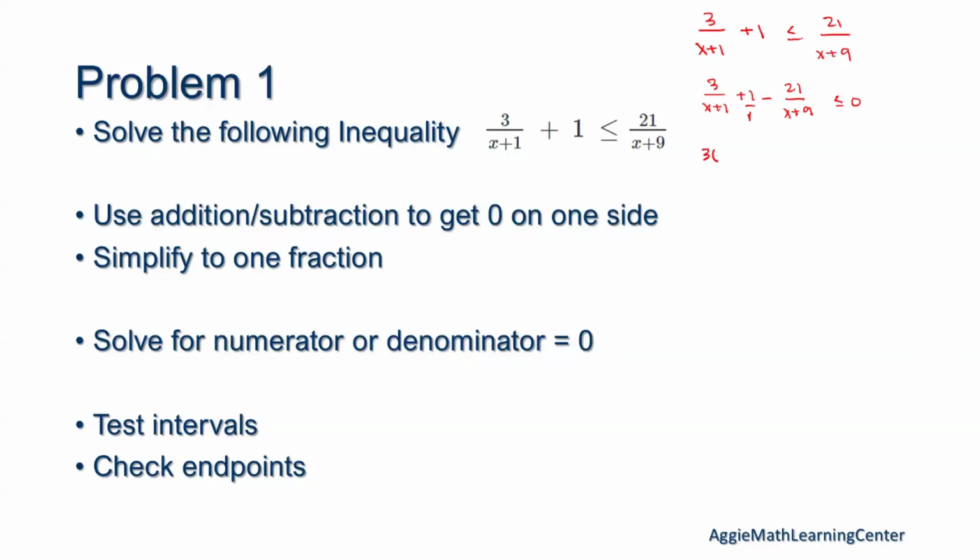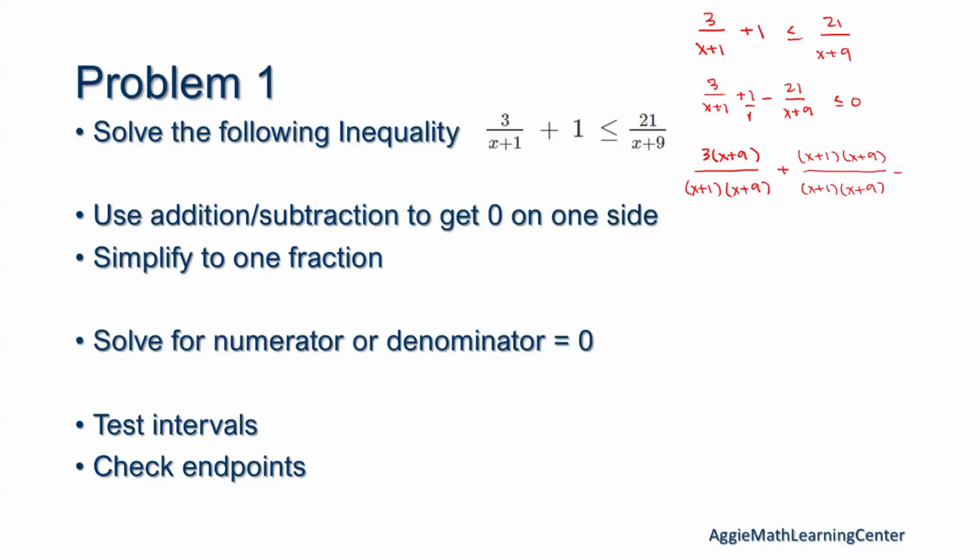If I multiply 3 by x plus 9 over x plus 9, then all I've done is multiply by 1. But now it has the common denominator. We'll multiply 1 by x plus 1 times x plus 9 over that same thing.